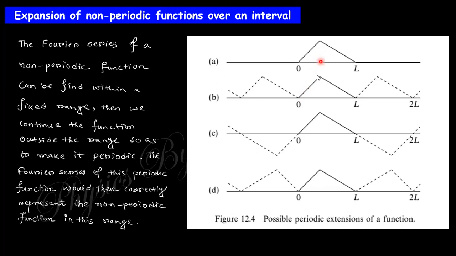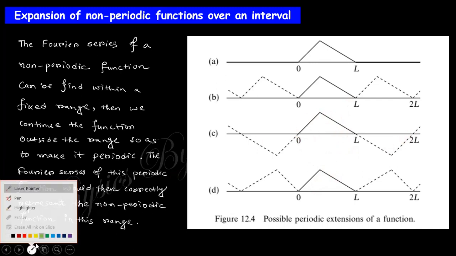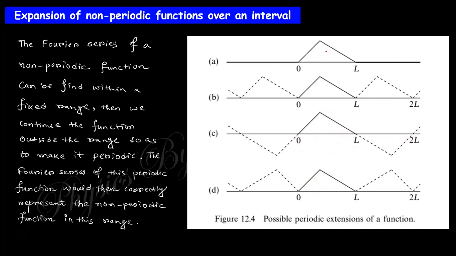And this non-periodic function can be made periodic in this form, or this form, or this form. For that, the periodicity limit will be 0 to L, but for this one and that one the periodicity will be 0 to 2L. So you can write down that it is represented like that.